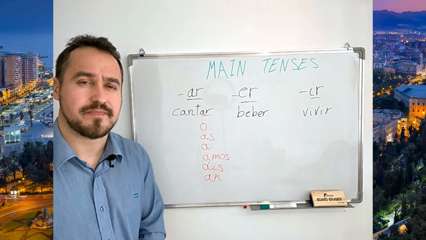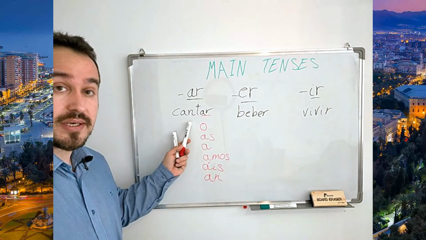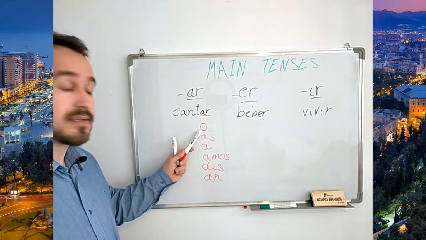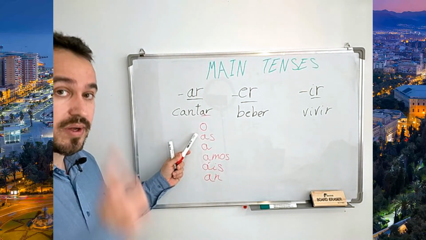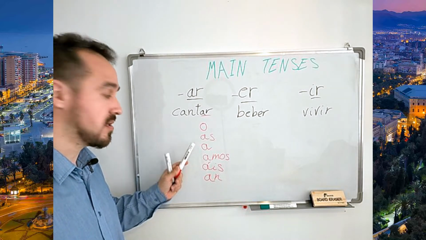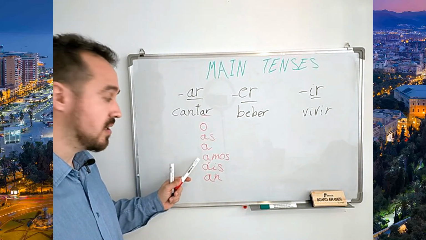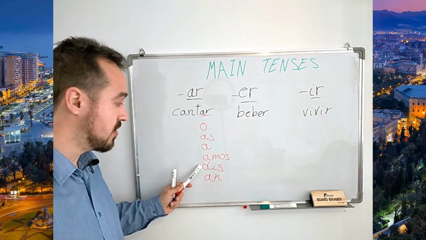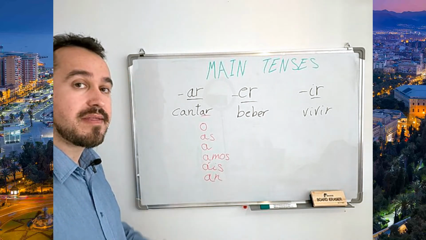What is this? This is to sing, right? I sing, you, one person, sing. He, she sings. We sing. You, plural, sing. They sing.